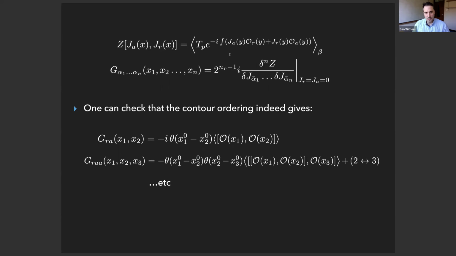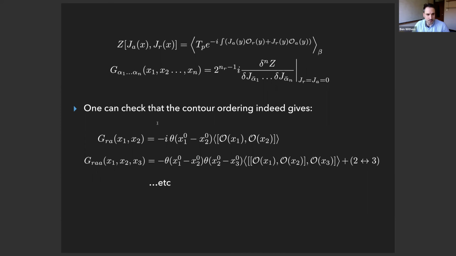Just as a check, if you take this path integral with this contour ordering operator and vary with respect to these sources, if you want G_RA, you would take a variation of this path integral with respect to J_A and J_R, and by considering the contour ordering and after some tedious calculation, you would indeed get this anti-commutator with the theta function.